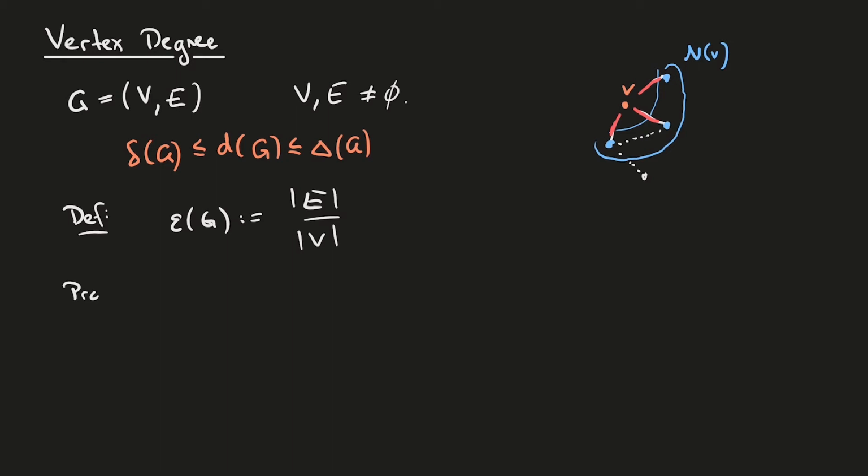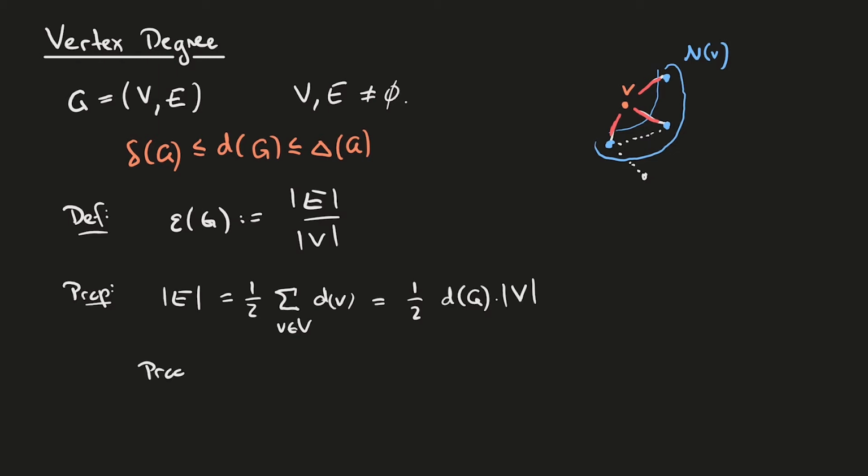Thus, we have our first proposition, which states that the number of edges in our graph G is equal to 1/2 times the sum over all degrees of vertices in G, and that this is also equal to 1/2 times the average degree times the cardinality of the vertex set. Let's prove this.